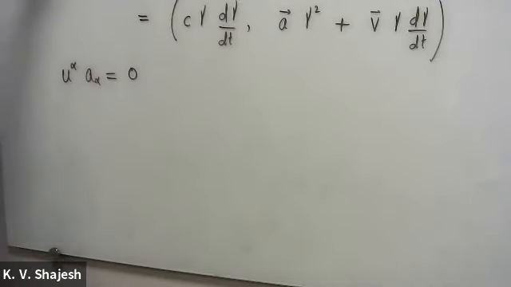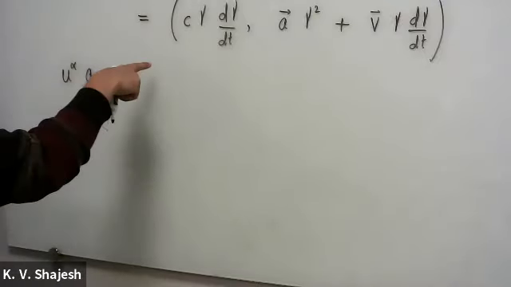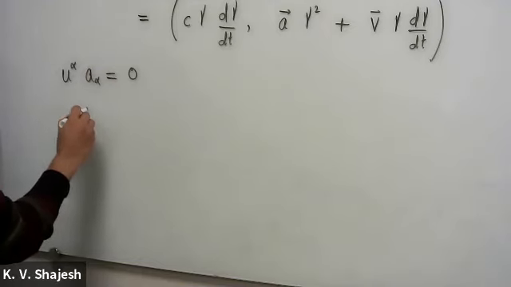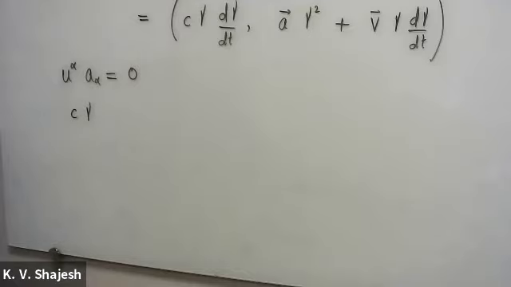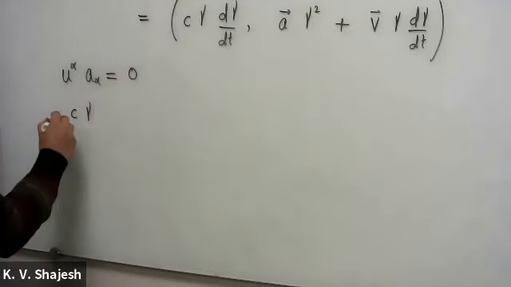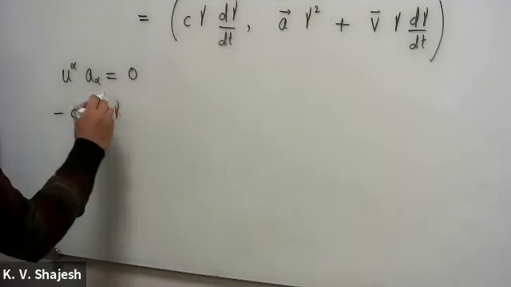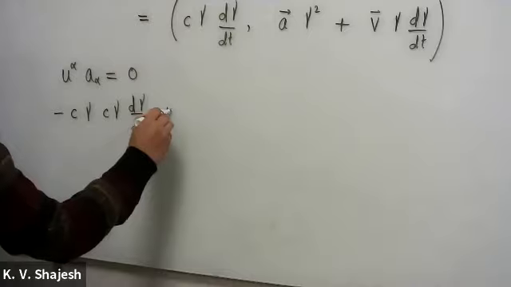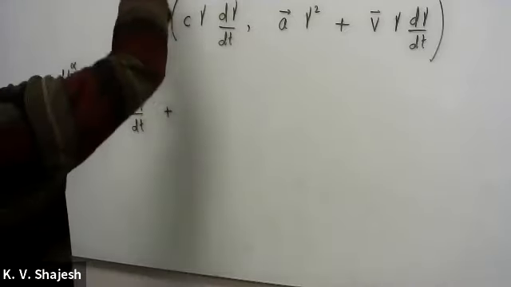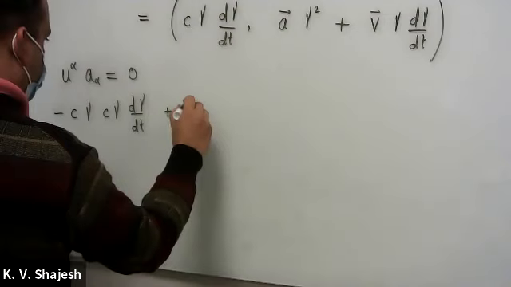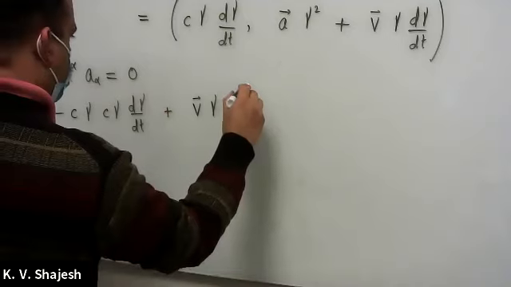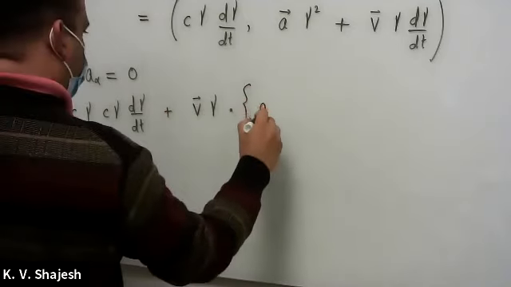So if we have this expression for u and a, that means I have a relation there. So just use that. So it is c times gamma, and then minus of this. So this is minus of c times gamma times d gamma over dt plus the 3 component of velocity, which is velocity times gamma, dotted with acceleration 3 component, which is a.